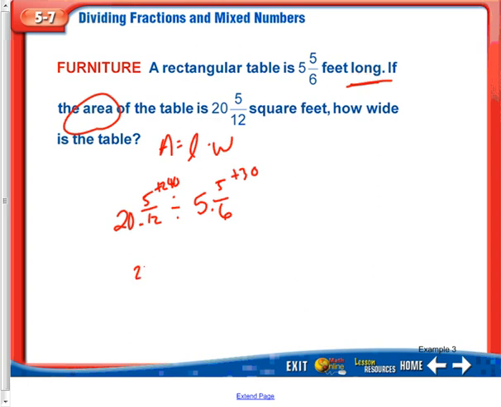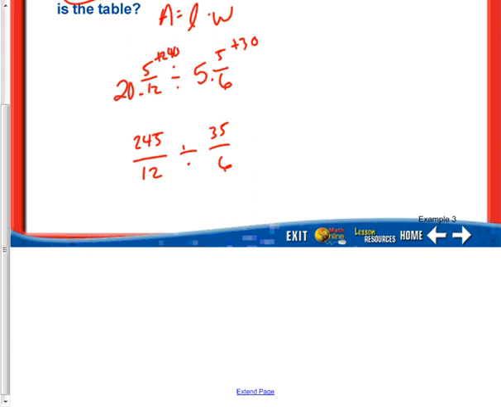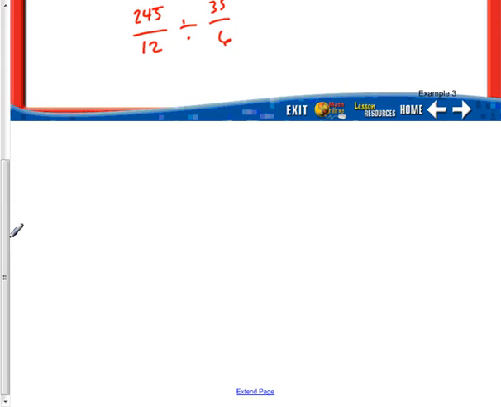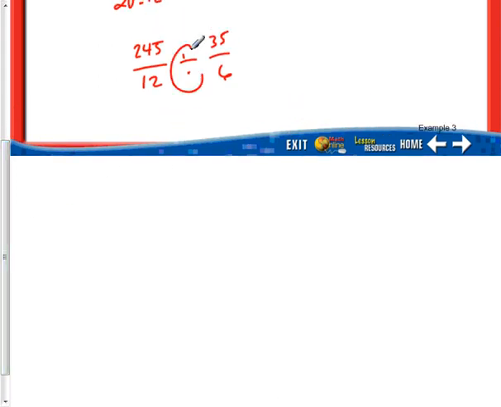So I'm going to have 245 divided by 12, and then we're still dividing by 35 over 6. All right, so now we need to get this to a multiplication problem. So let's go ahead and circle our division, and we'll go 245 over 12 times 6 over 35.